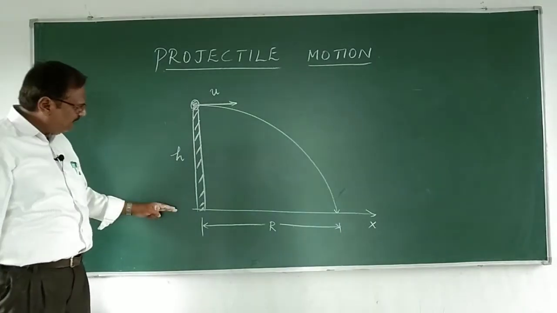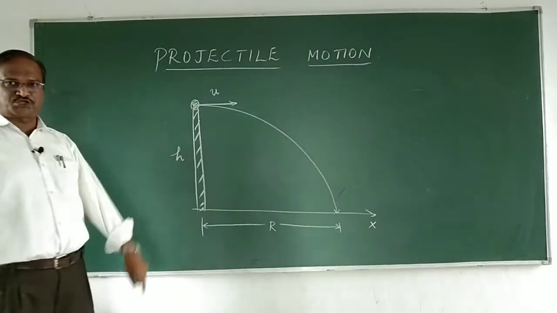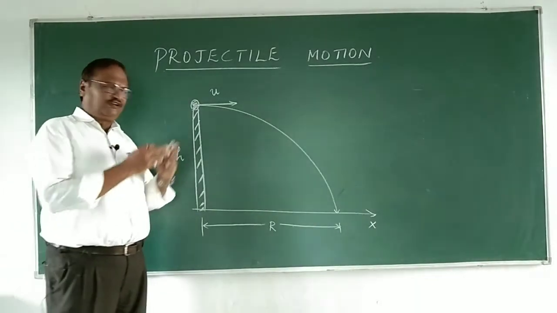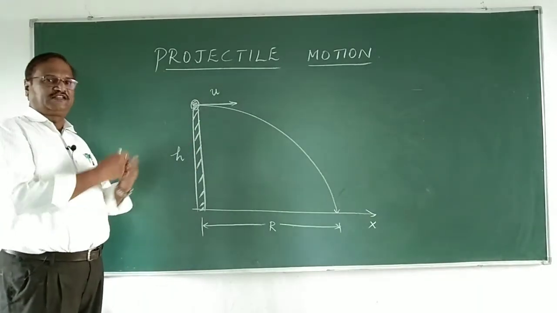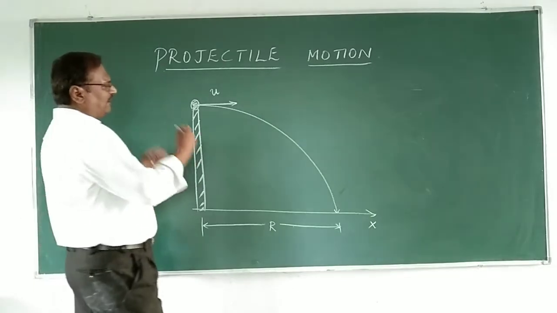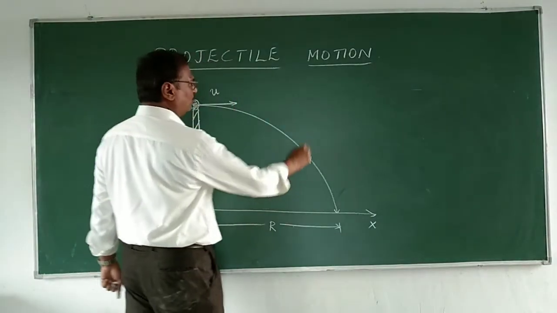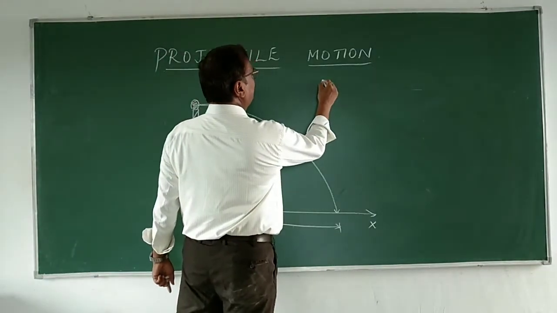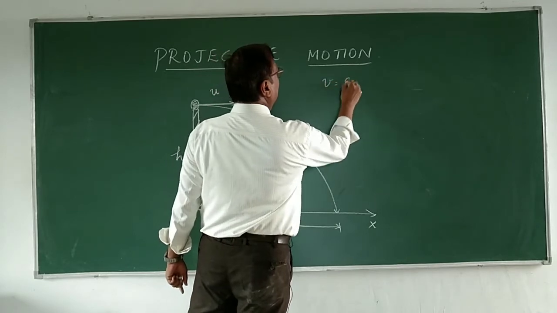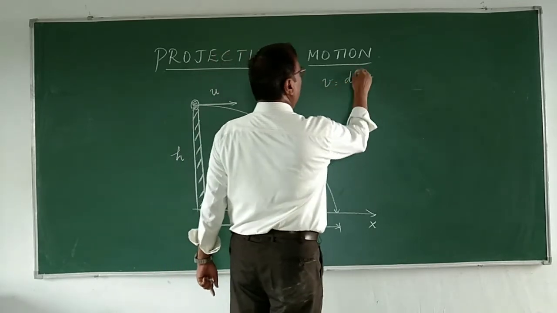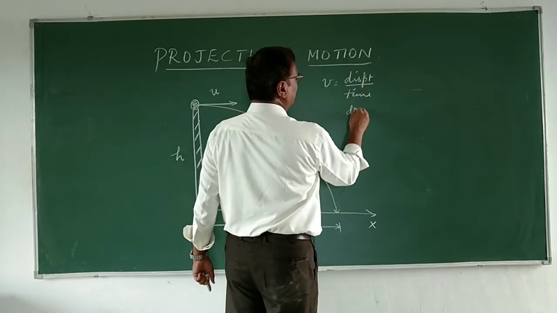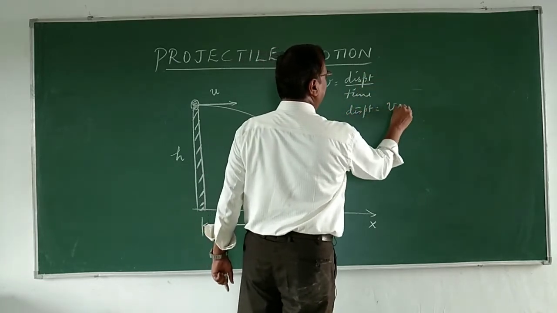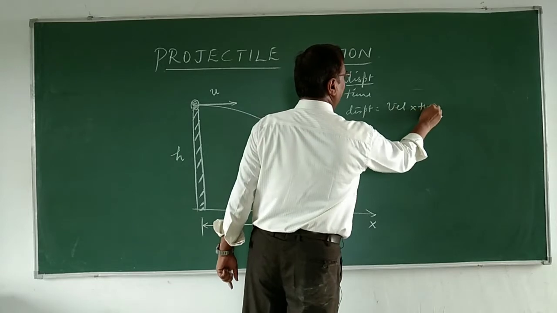From what height have we thrown it? From height h. Now, we will take the basic equations of motion and study this motion. First, let me take the horizontal motion. We know velocity is equal to displacement upon time, or displacement is equal to velocity into time.